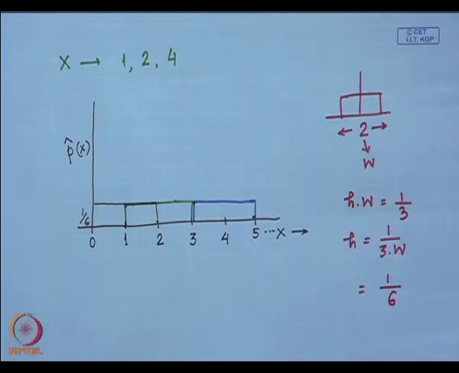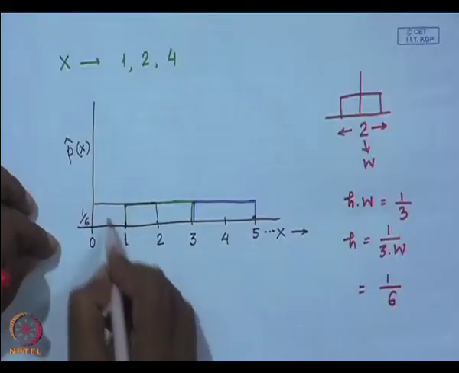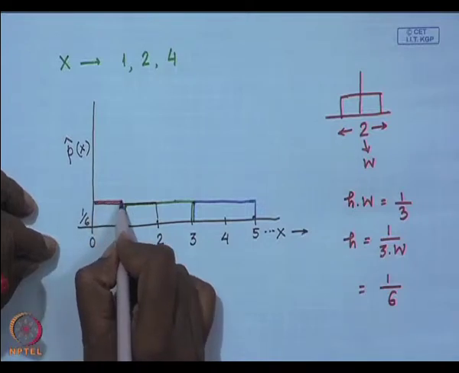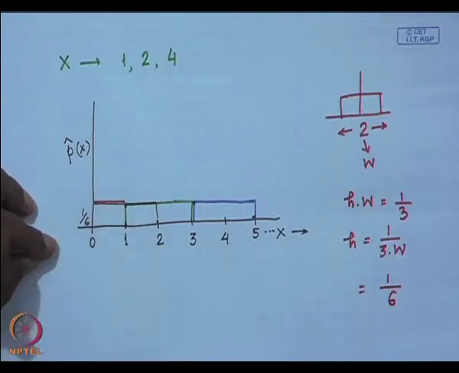So, once I have this, the sum of all these areas gives me an estimate of the probability density function, right. So, if I add them up, from location 0 to 1 in this range, I have only one window. So, the height of this window will remain 1/6.